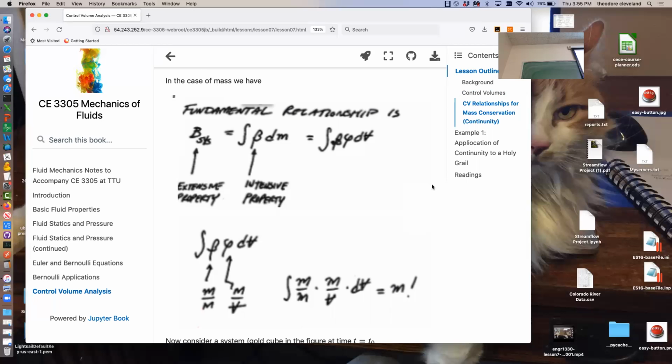So if you took the mass per unit cell in your body and added up all the cells that you had, that gets you back to total mass. The next step, we could re-express that integral as the integral of the intensive property multiplied by the mass per volume of the thing we're studying.